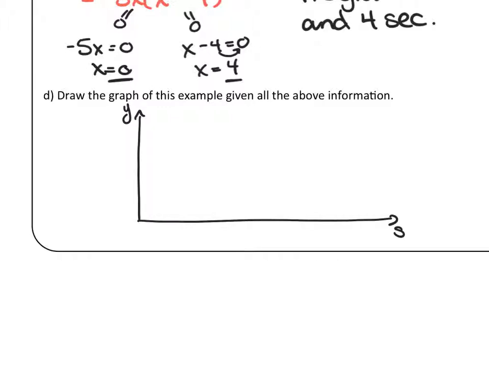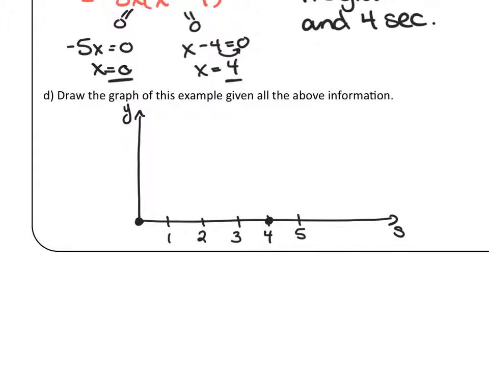So here, 1, 2, 3, 4 are seconds. And we know it's going to go through (0, 0) because that was our y-intercept. It's also an x-intercept. And we know it's going to go through (4, 0) because that's our other x-intercept.